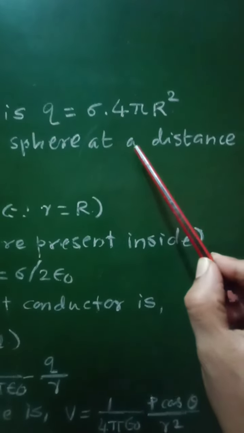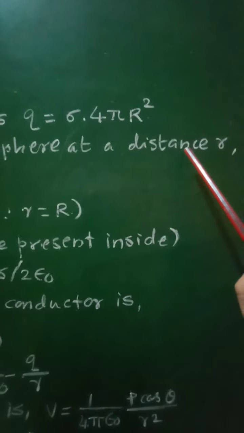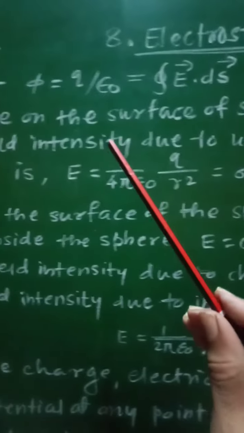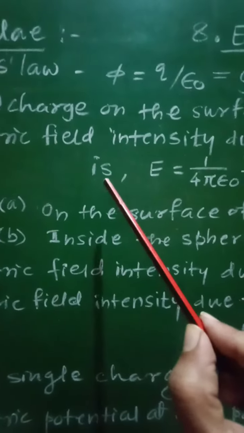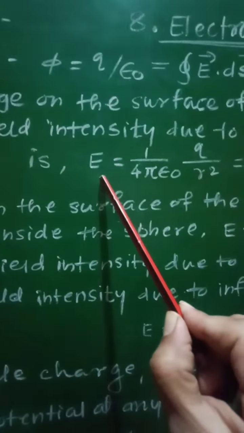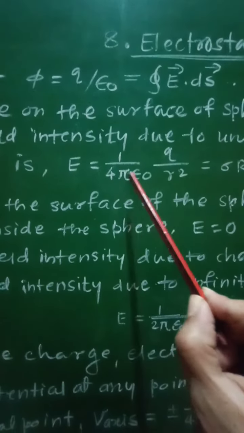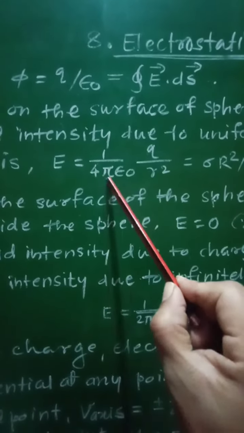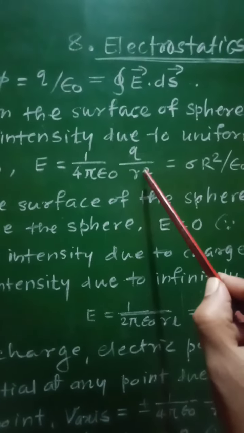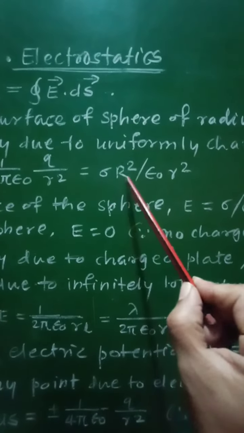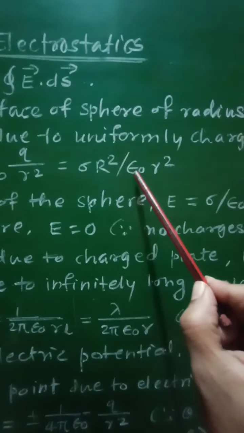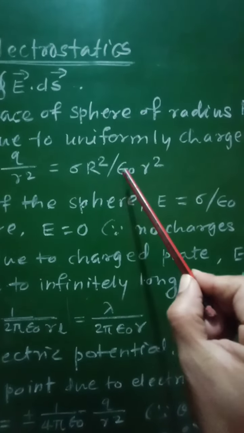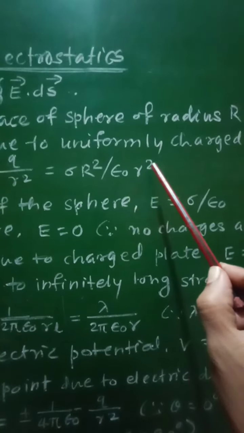That means that point will be at a distance equal to r from the surface of that sphere, and so electric field intensity at that point is given as E equal to 1 upon 4 pi epsilon 0 q by r square, that will be written as sigma r square upon epsilon 0 r square.